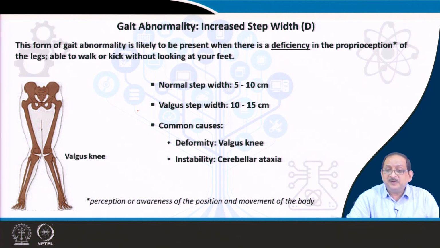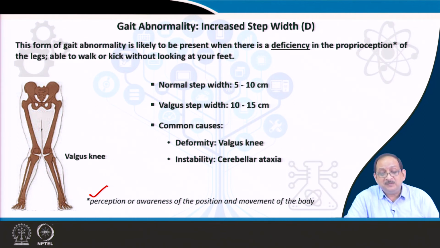So, this form of gait abnormality is likely to be present when there is deficiency of the proprioception of the legs. Now, proprioception is defined as perception or awareness of the position and movement of the body.